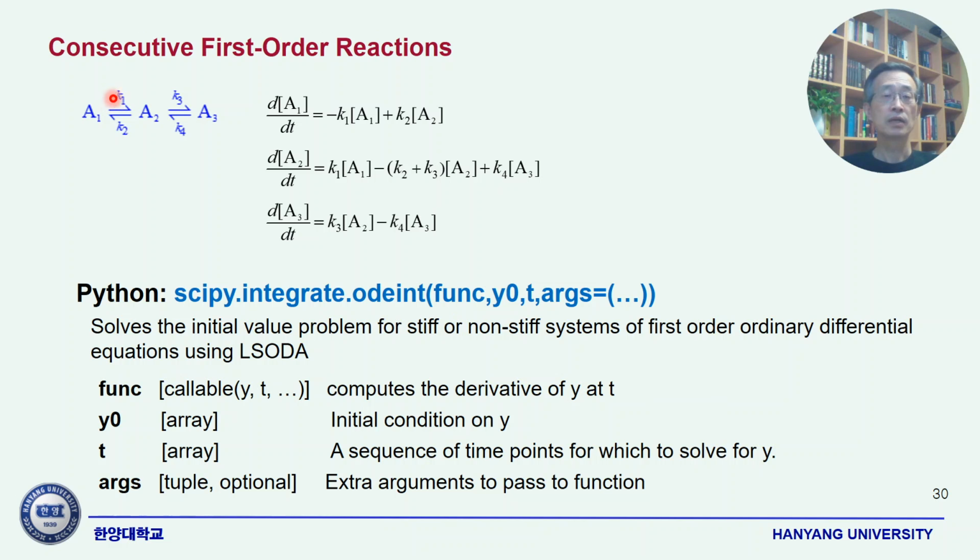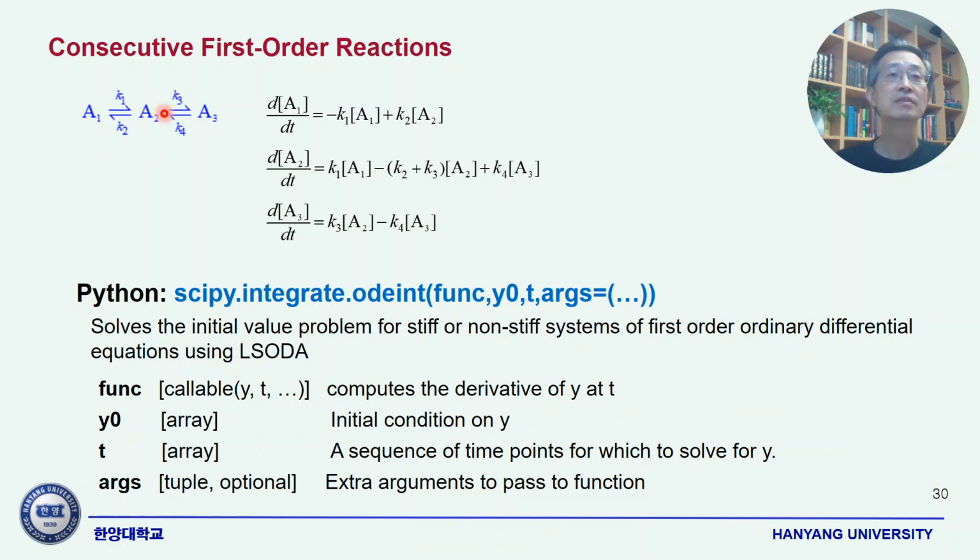Okay, the last one is rather challenging: consecutive first order reactions, but all reversible. So a1 goes to a2 and a3, but with reversible reactions. We put the rate constants as k1, k2, k3, k4.